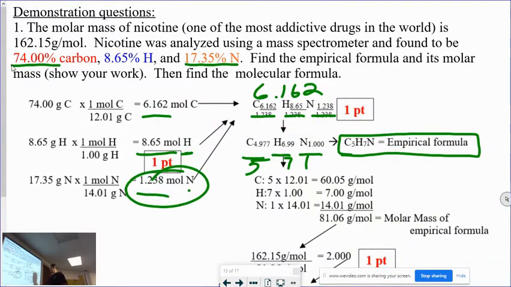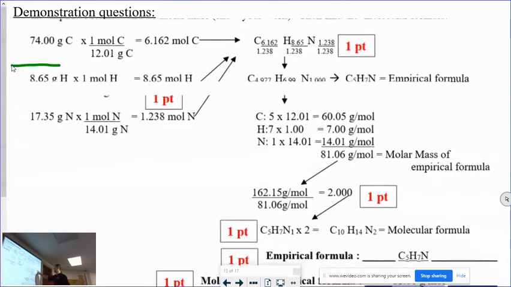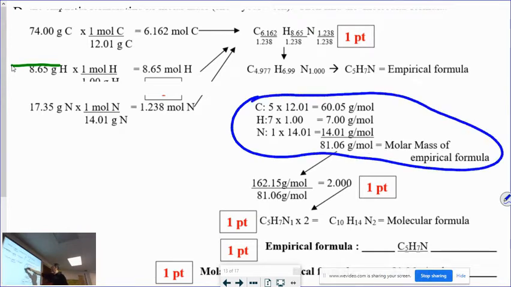I then am going to find the mass of my empirical formula. So right here, I find the mass of my empirical formula. Do you have to show your work? Not really, but that is the work that would go along with it. So I find out that my empirical formula has a molar mass of 81.06 grams per mole.